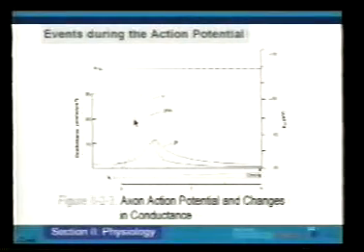Now they can ask a few very sophisticated questions here about changes in the channels. For example, they can ask you what would be the consequences for this action potential if you block the opening of the voltage-gated sodium channels.